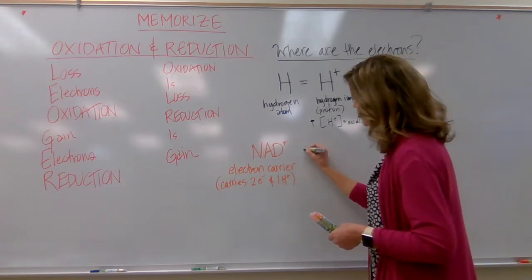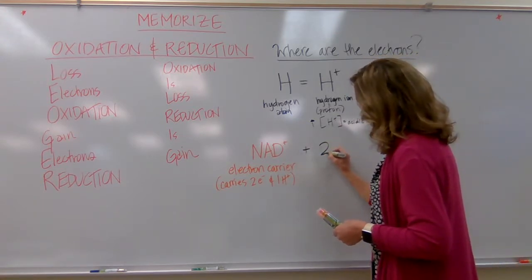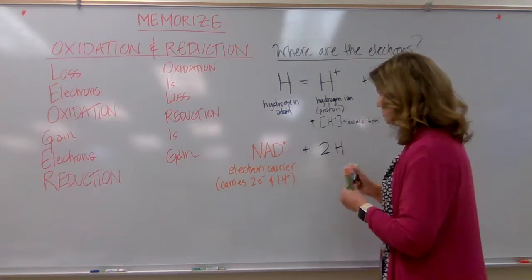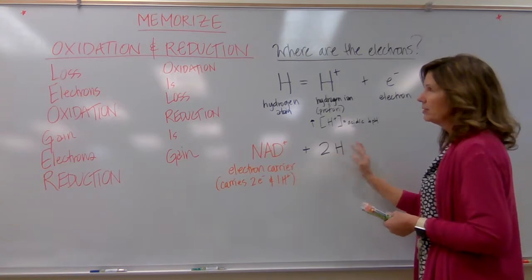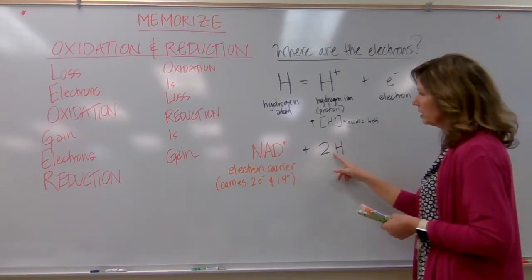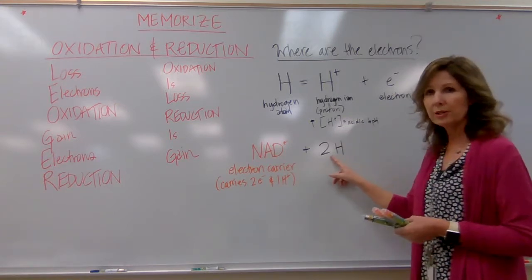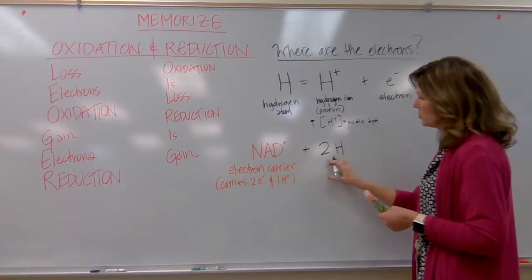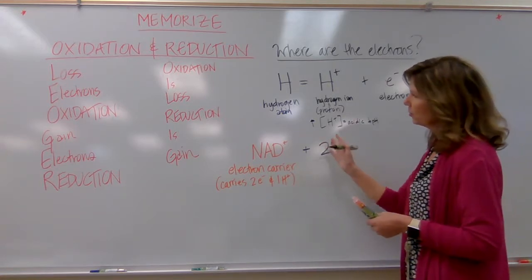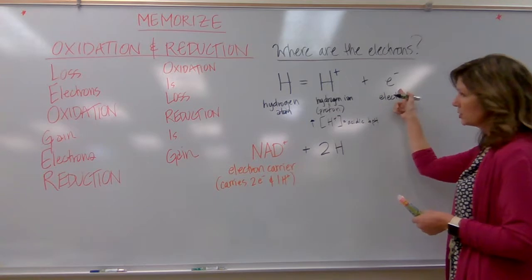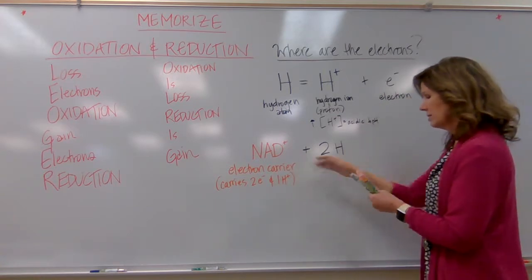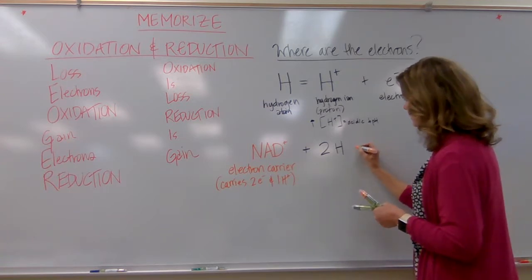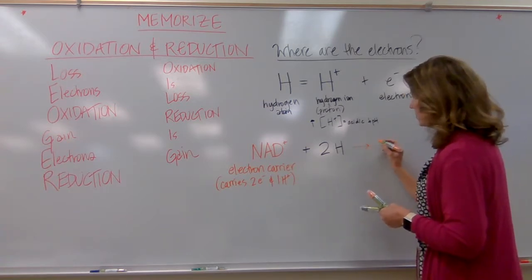Say you might have two hydrogen atoms, and those two hydrogen atoms, for our purposes, are going to be coming from that original glucose molecule. Those two hydrogens will each be a proton and an electron, and you will see them carried on NAD like so.